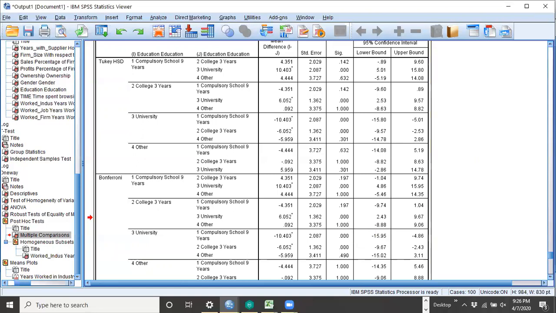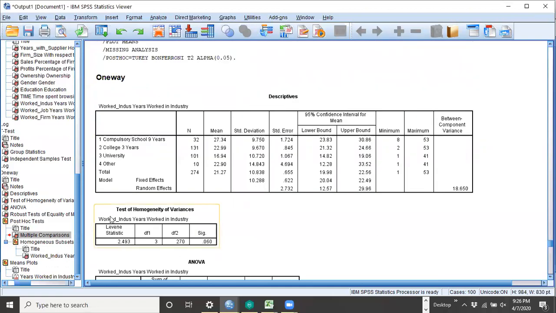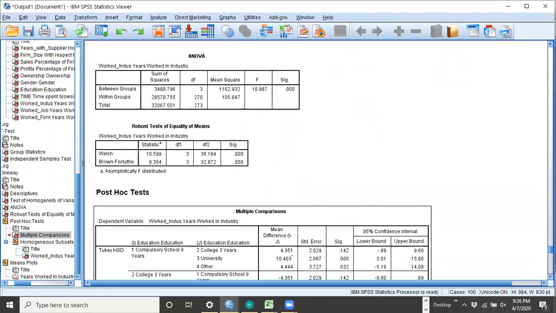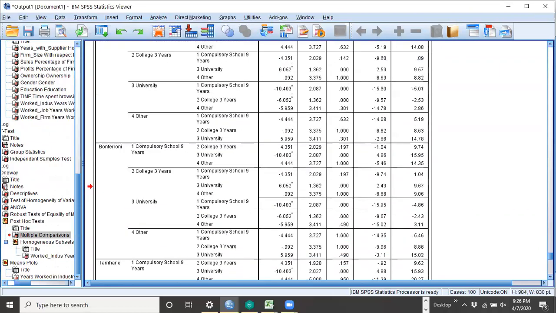So if you want to go back to this main table again, college is almost 23 years, whereas university is still about 17. So if you're in college, you got a 3-year college degree, then you got more years in the industry under your belt, statistically speaking, than people who got their university degree. And yeah, so university is different from compulsory and college.